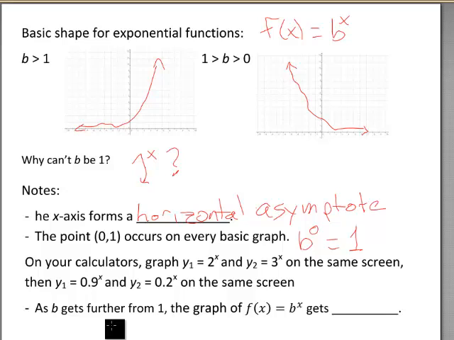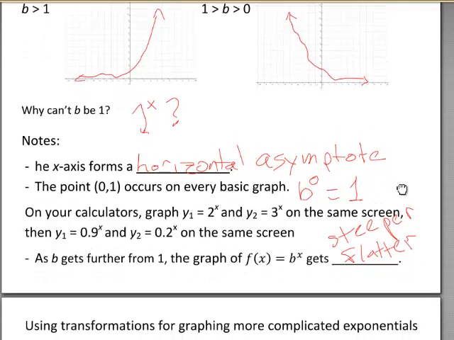As the base gets further away from 1, does the graph get steeper or does it get flatter? Okay, so go ahead and pause the video. I'll wait, I promise, and see which one of those cases holds.